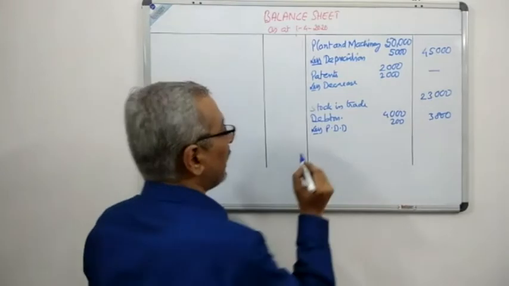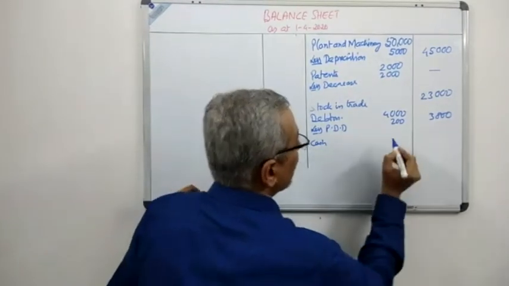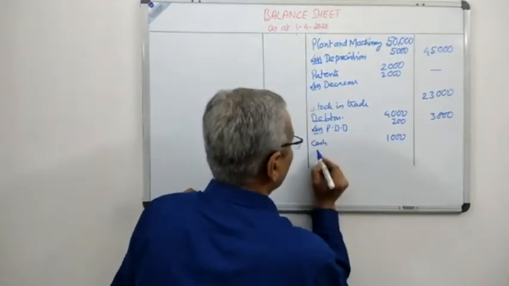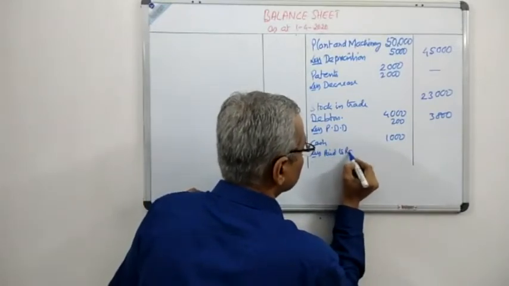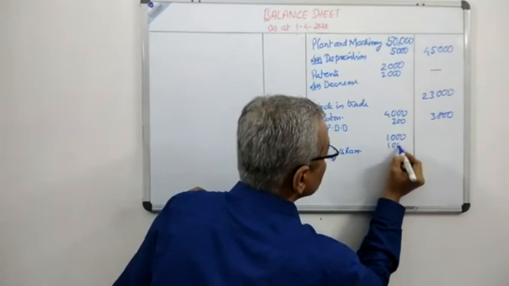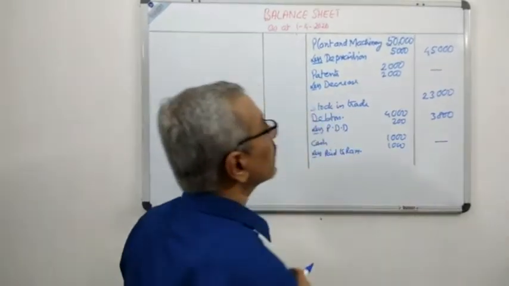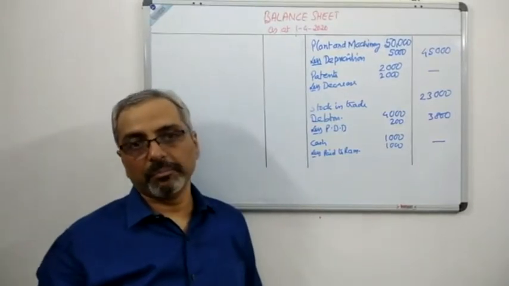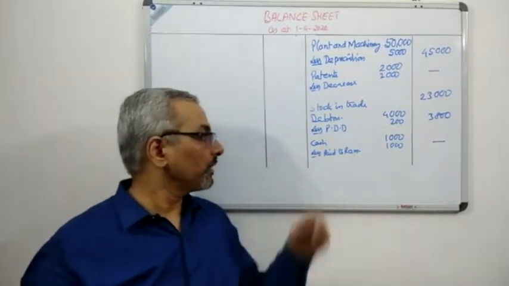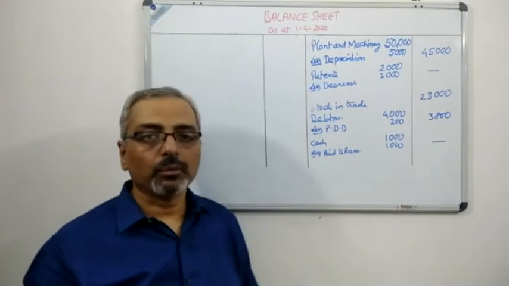So we are writing cash or bank, 1,000, and write less paid to Ram 1,000, and I'm putting a dash over here. So you can see patents valueless and the cash which has been paid to the retiring partner. So, less paid to Ram 1,000, outer column 0.